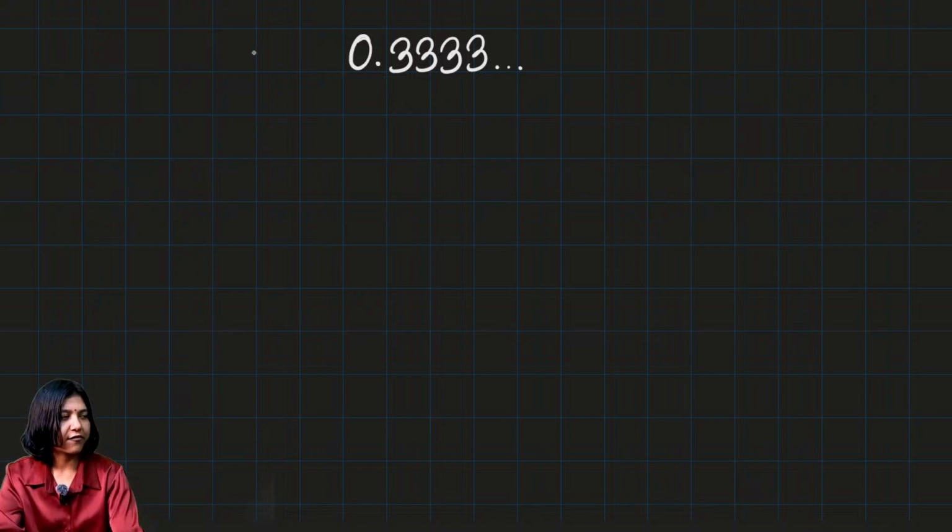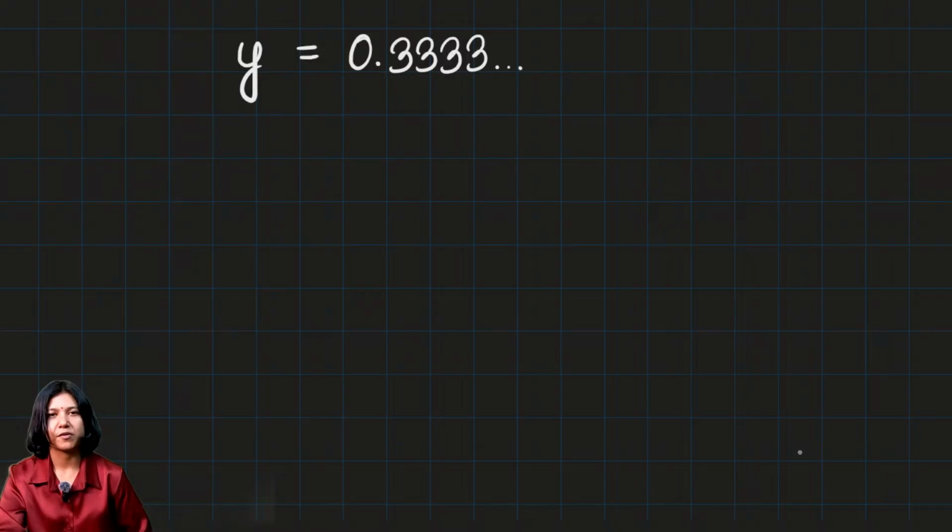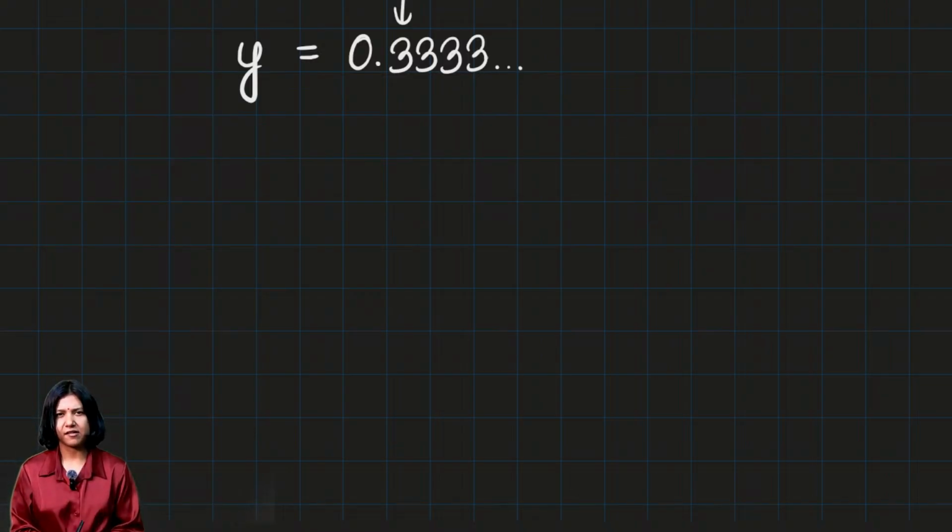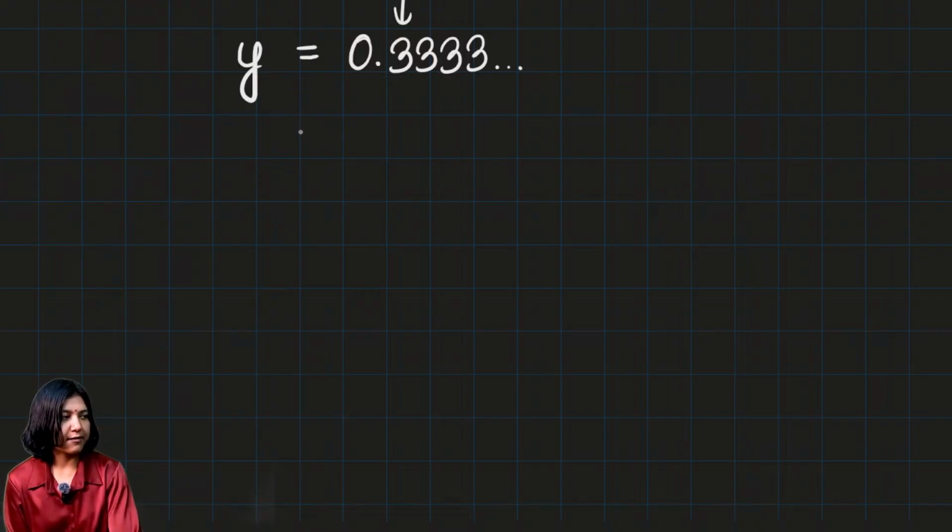I'll say first of all that this y, any variable, is equal to 0.33333. Now, because one digit is repeating, I'll multiply by an easy number, a number that has one 0, that's 10. If I multiply by 10 on both sides, my left side becomes 10y.